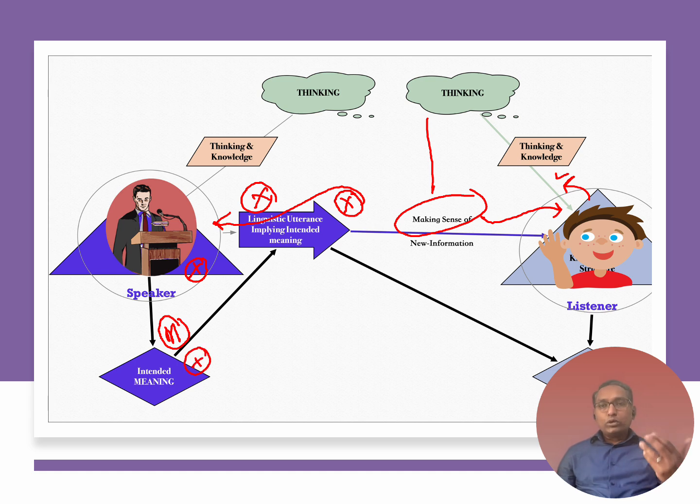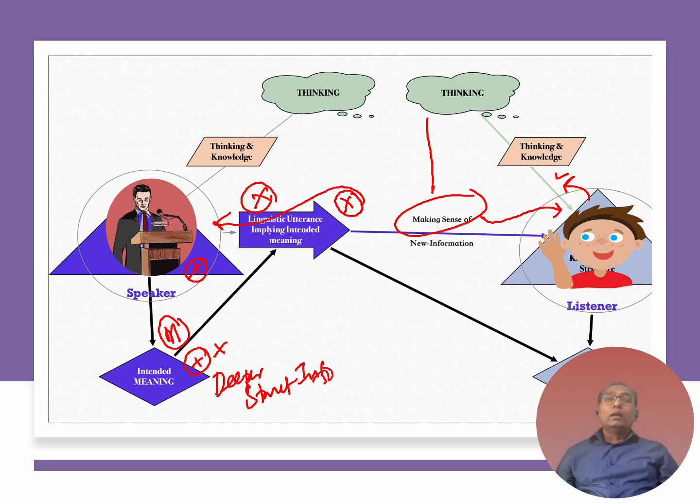So the speaker tries to convey something, and the speaker's intention, the intended meaning of what he wants to convey, that is the deeper structure of the information. The intended meaning is a deeper structure.